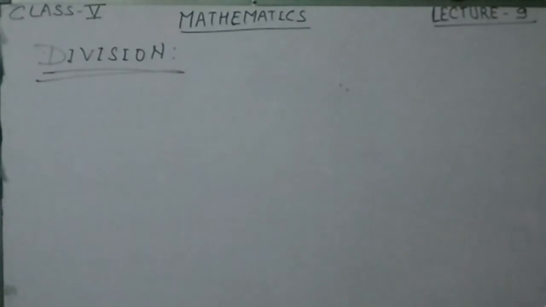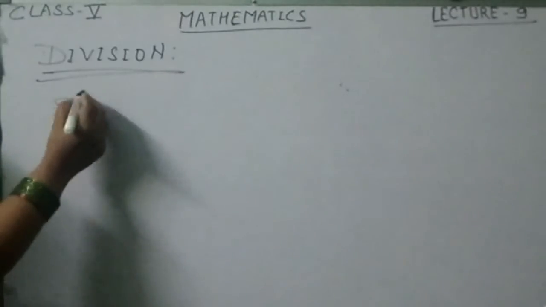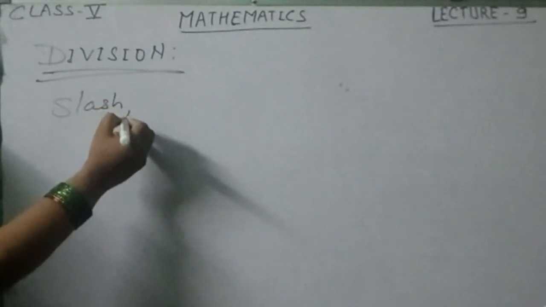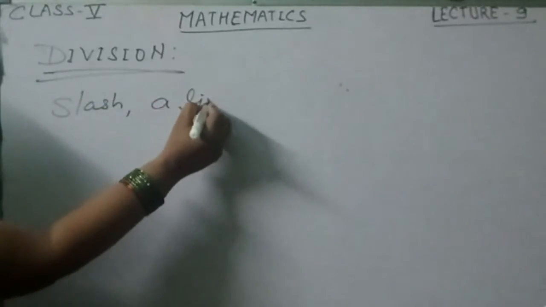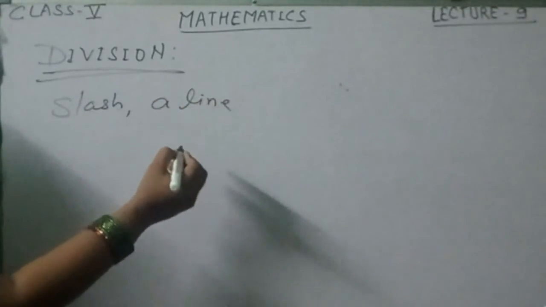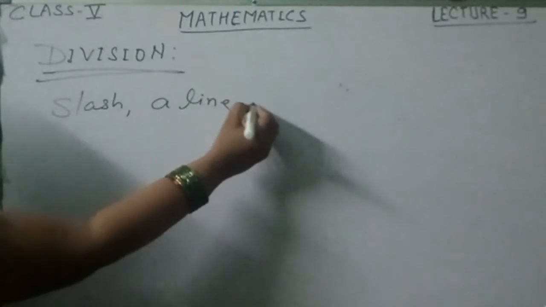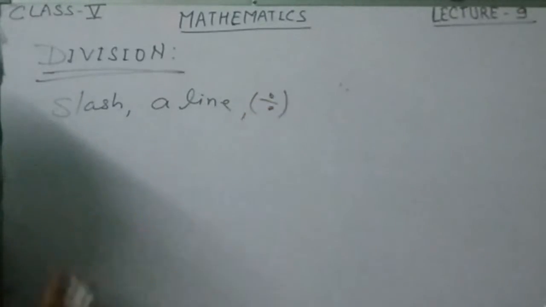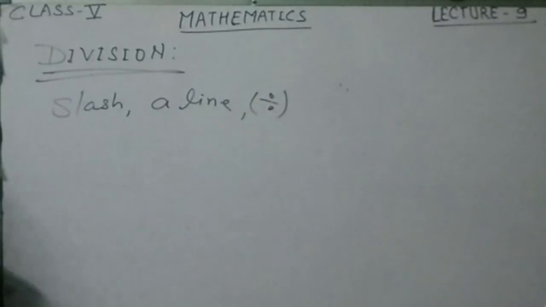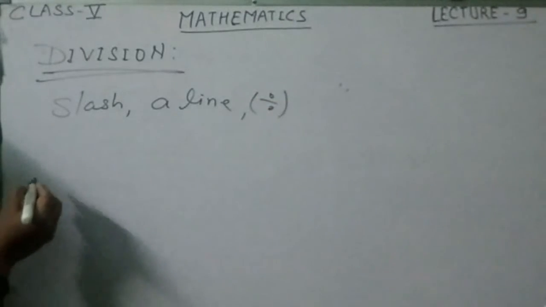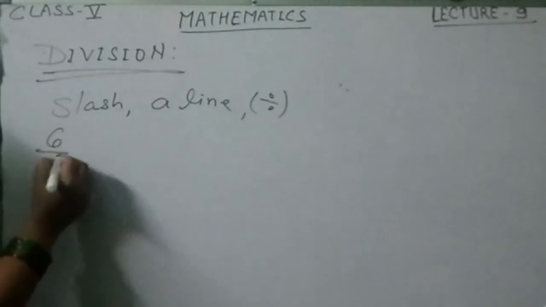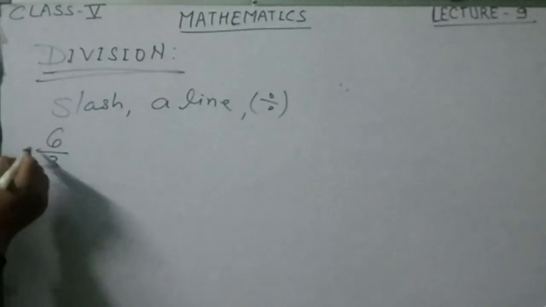Some symbols are used for division. That means slash, slash and a line, or the division sign. Slash, how we will use the slash? See here, 6 by 3. That means you have to divide.